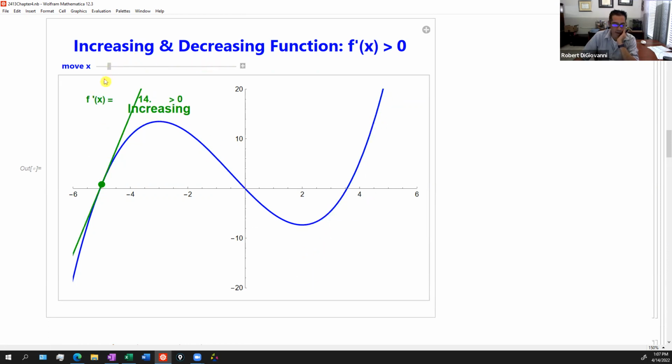So my derivative went from positive to negative, then back to positive. And notice that where we had those changes, where I switched from positive to negative right there, that's a local maximum. And when I went from negative to positive right here, that's a local minimum. So maybe we can use this somehow to help us figure out where these local maximums and minimums are.